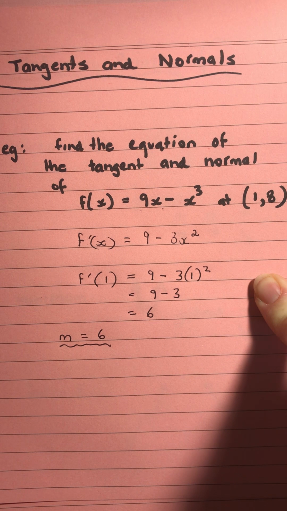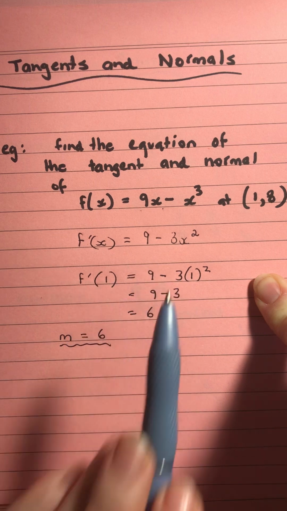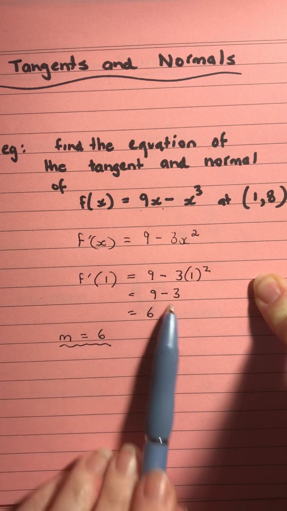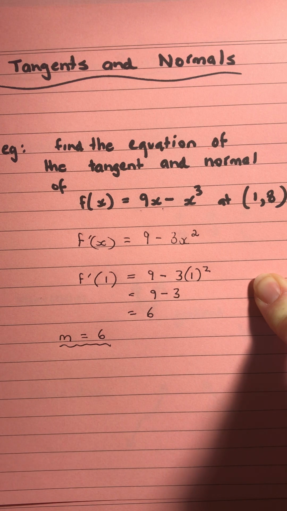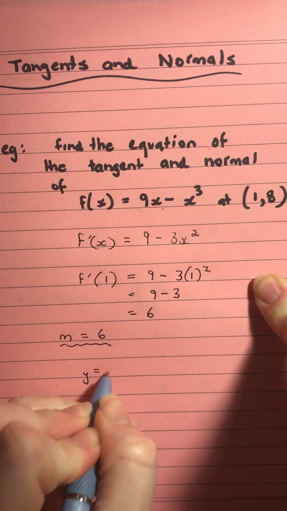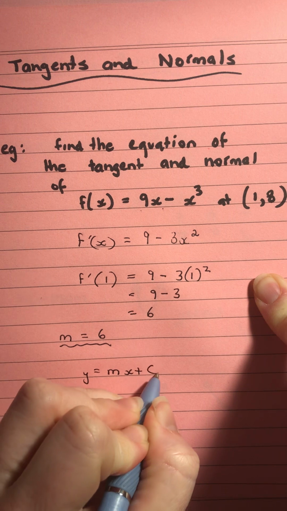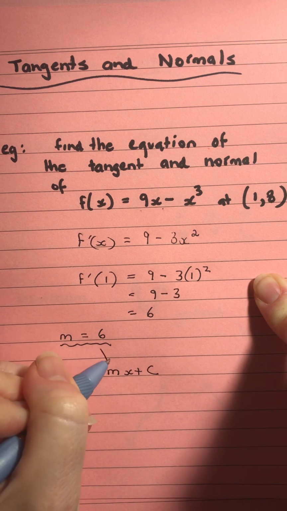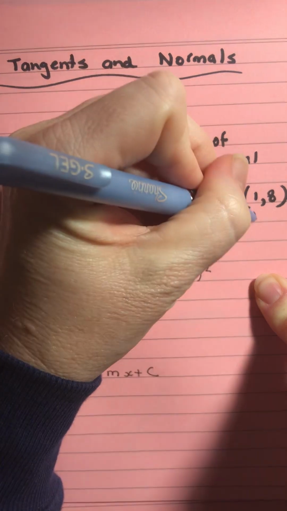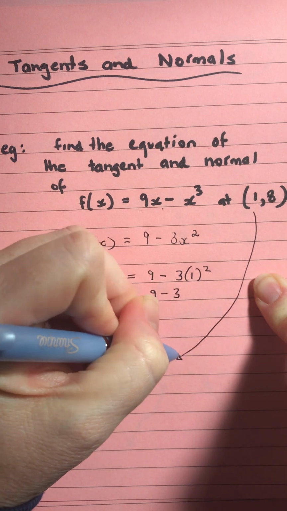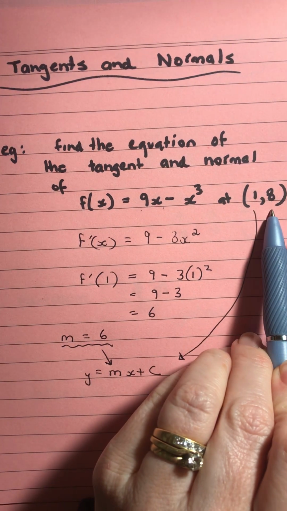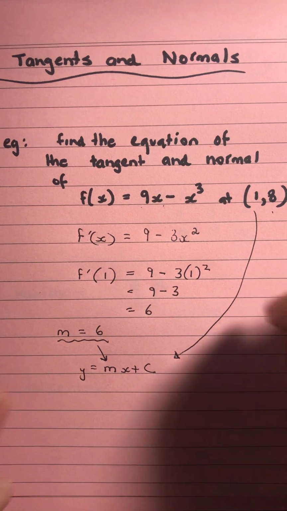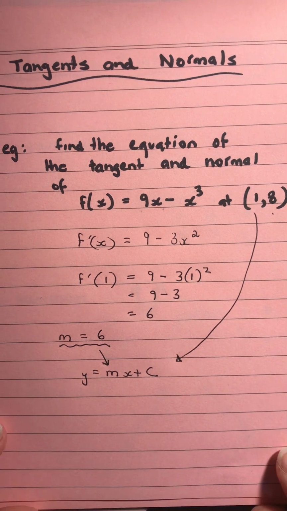Now, to find the equation of the line, because we haven't found the equation of that line, we found the equation of the gradient function. We've then found the gradient of that line at that point. So now we need to use our y equals mx plus c to sub in that gradient and use that coordinate that we know to solve for c. We know that it has to touch at (1, 8), which means that's a coordinate on that line.